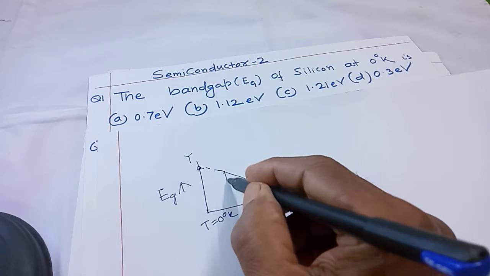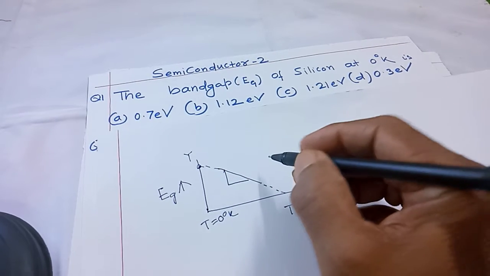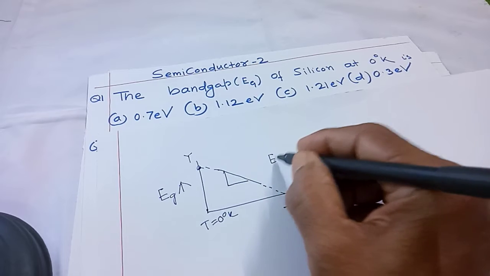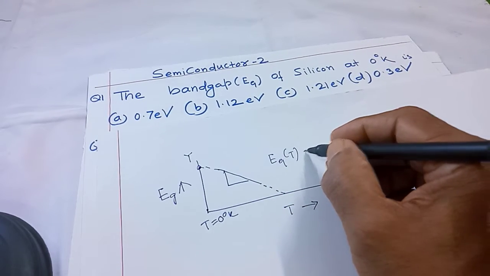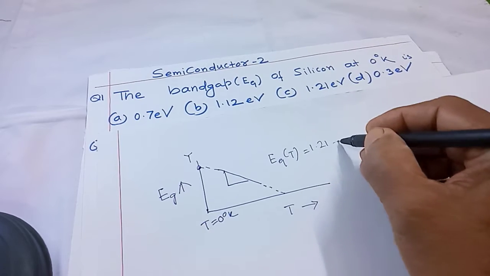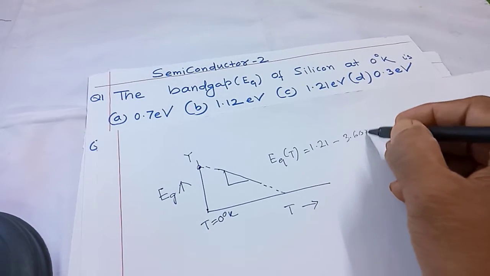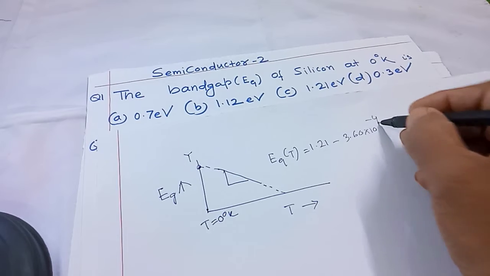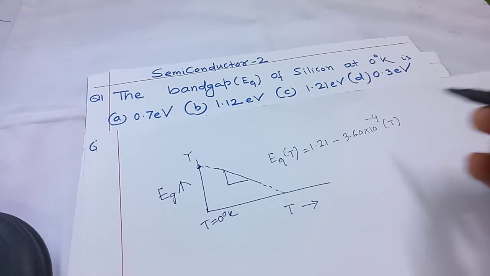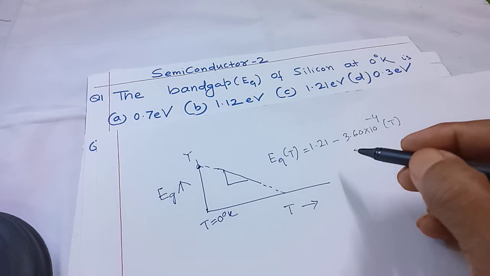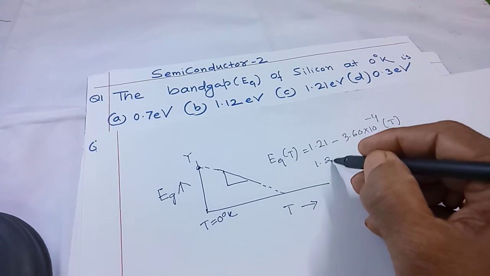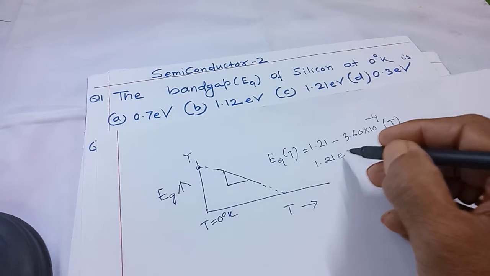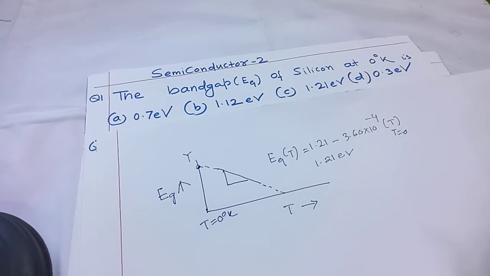The slope of the graph is determined, and the expression for energy gap as a function of temperature T is 1.21 minus 3.60 times 10 to the power minus 4 into temperature. Now, if you substitute T equal to 0 here, we find energy gap equal to 1.21 electron volt. So, 1.21 is the correct answer.